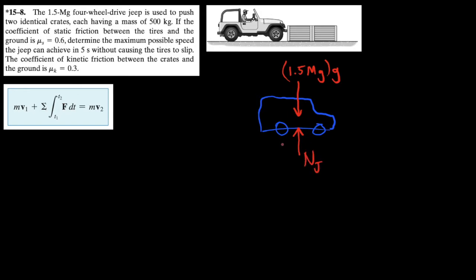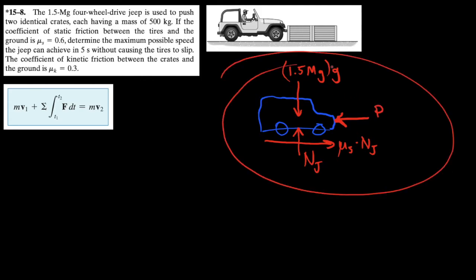And we have friction pushing the Jeep in this direction, so this will be friction, and we'll call this mu sub s times N sub J. And we also have the force that the crate applies on the Jeep, that force will be P. So that is the diagram for the Jeep.